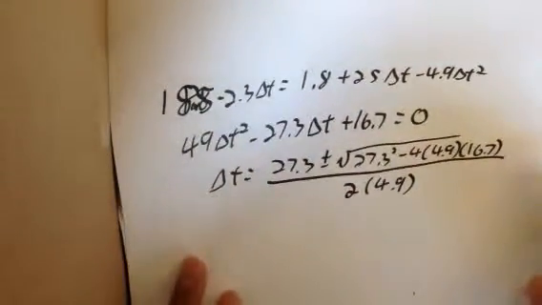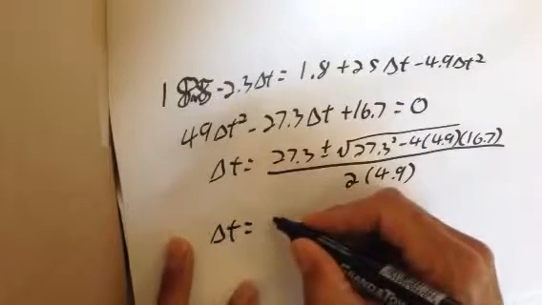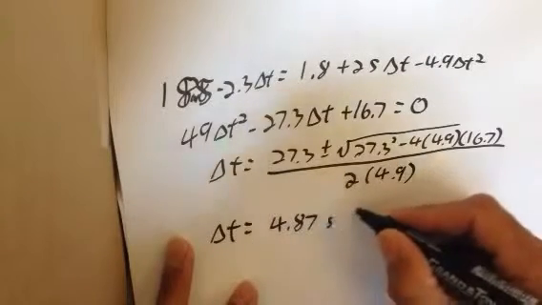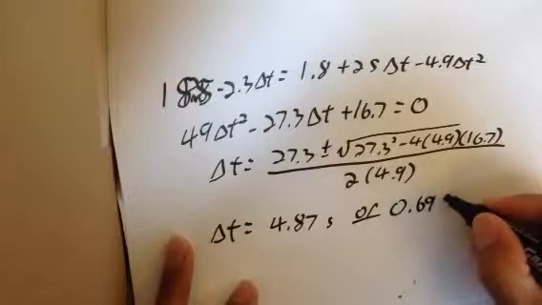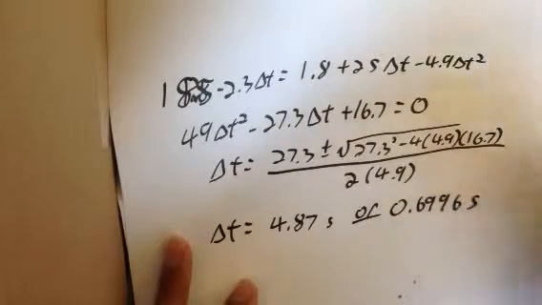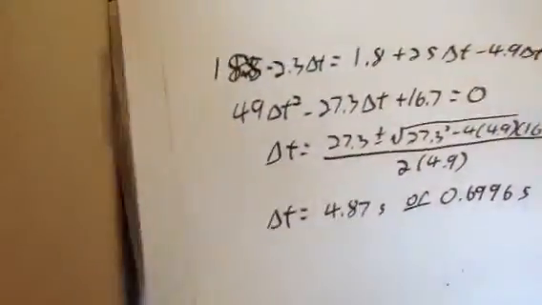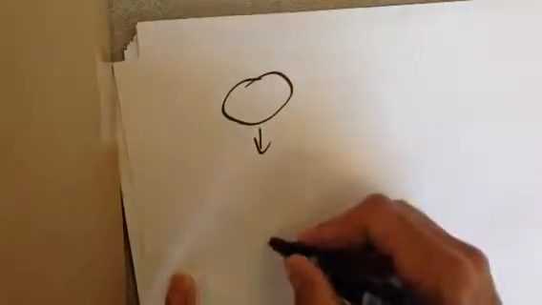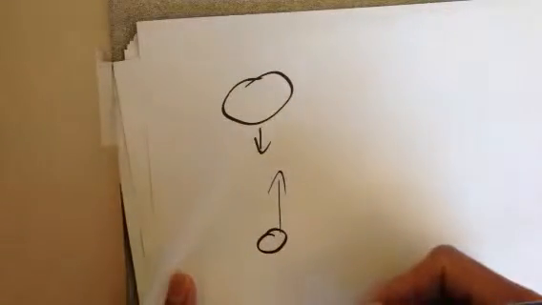And then running the quadratic formula into your calculator, you're going to arrive at delta t is equal to 4.87 seconds, or 0.6996 seconds. Now remember, we should get two answers from this scenario, because initially we have a balloon that's falling slowly, and we have a rock that's been thrown upward quickly.